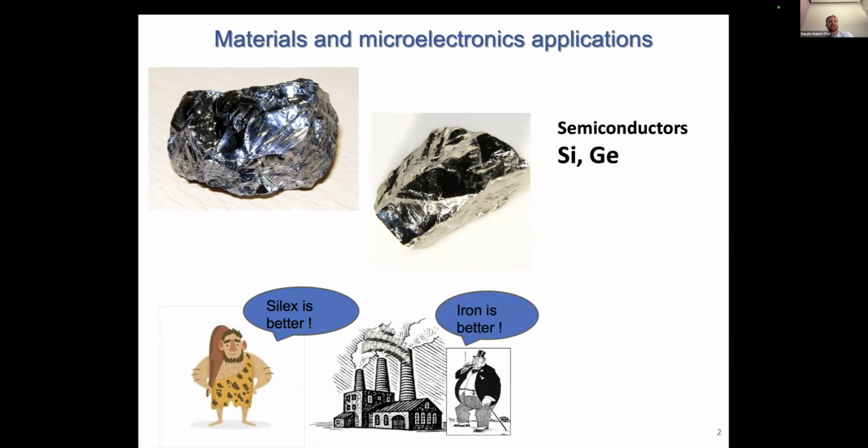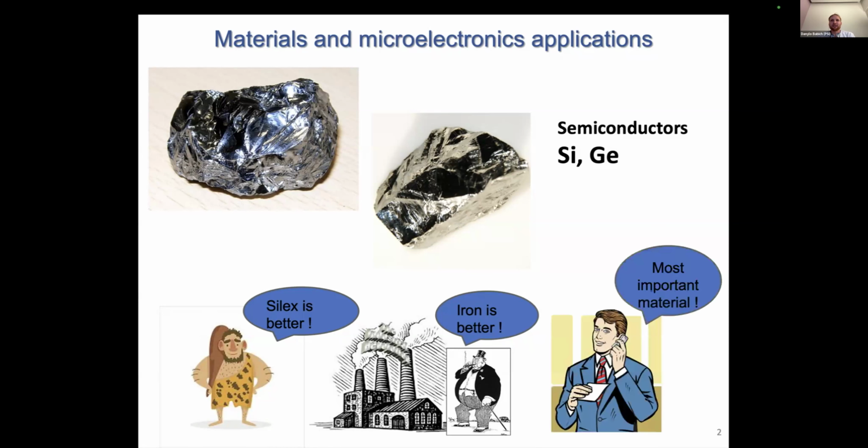If you ask a guy from the Industrial Revolution, he would say that iron would be better. But currently, silicon or germanium or any other semiconductors are very important materials for our computing.